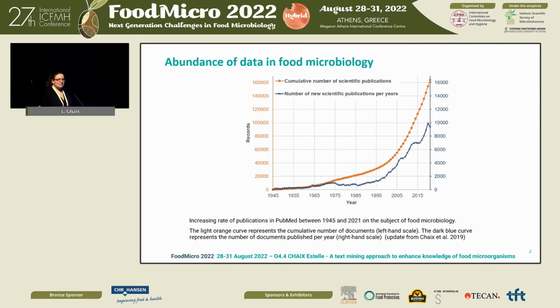So the constat is there is an abundance of data in food microbiology, as illustrated here, because a lot of publications are published per year, and you can see here an exponential evolution of scientific publications focused on food microbiology.